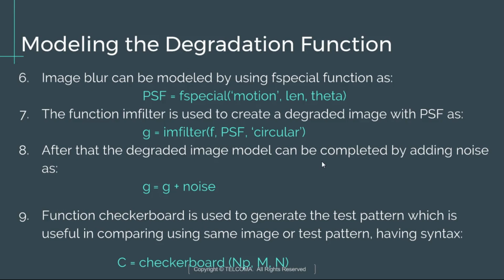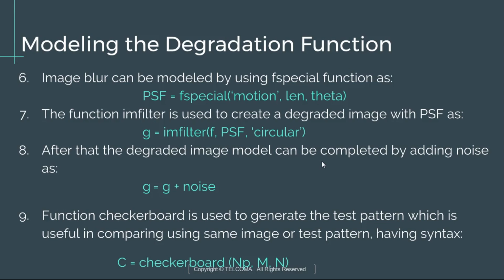Function checkerboard is used to generate the test pattern, which is useful in comparing using the same image or test pattern, having syntax C = checkerboard(NP, M, N), where NP is the number of pixels on the side of each square, M is the number of rows and N is the number of columns.